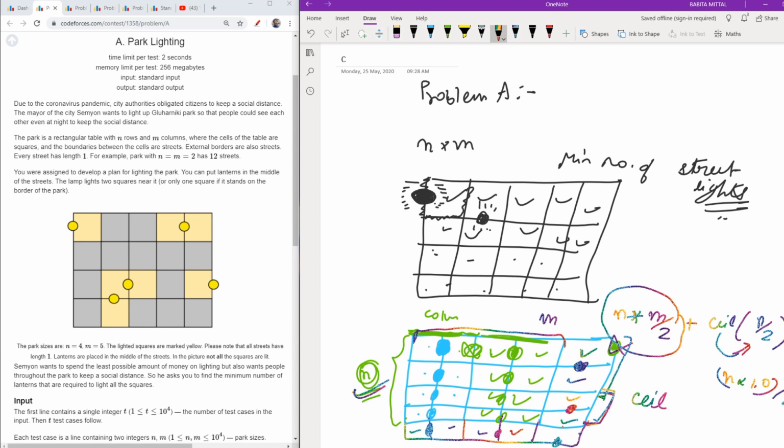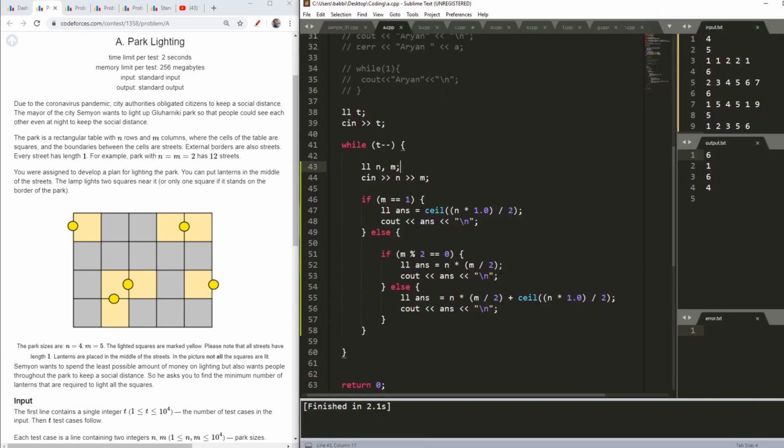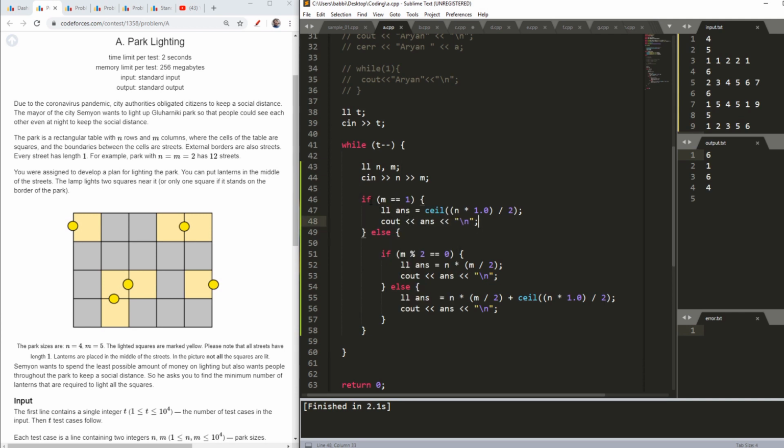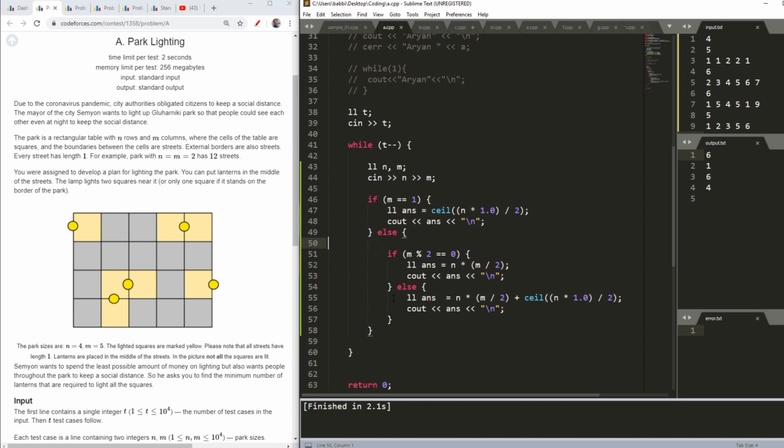Now I will very quickly show you the code. As you can see here, the condition here is not much required because I do the same thing here. So only the thing here is sufficient for you to get the answer. First of all, I had my input as n and m.